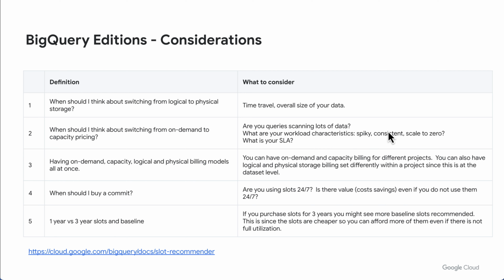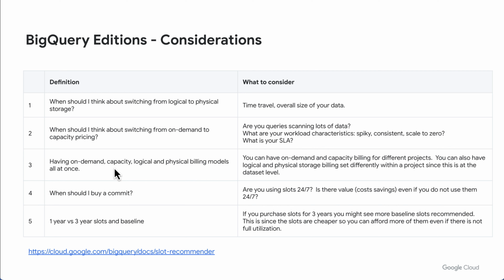Or you might have a consistent workload that you want to have a reservation for, so you're paying more of a known cost than on-demand, where the cost is charged based upon the data scanned. Also your SLA: if you have a reservation, you can have a baseline with a certain number of slots, and if your workload has to get done in a certain amount of time, you would have enough slots to cover that workload, so it would get done in your SLA window.